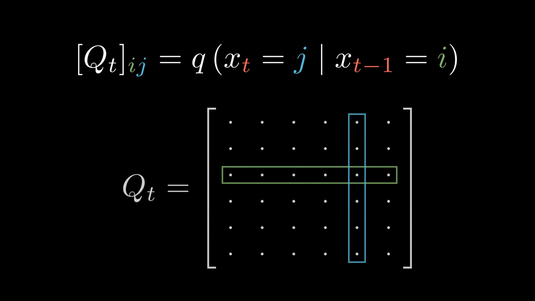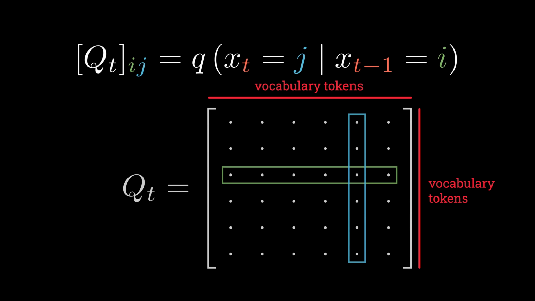As a result, instead of one massive matrix for the full sequence, we just need a transition matrix over individual tokens, which has the size of the vocabulary squared. Much smaller than before, but still large. A vocabulary of 100,000 tokens would mean Q has 10 billion entries.